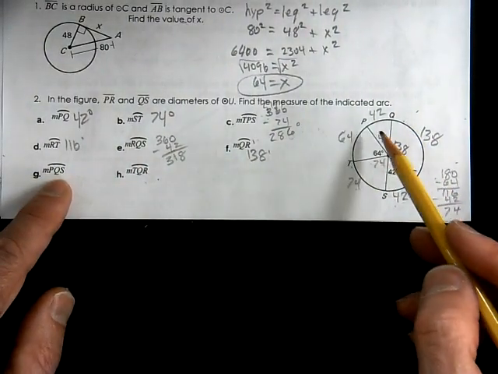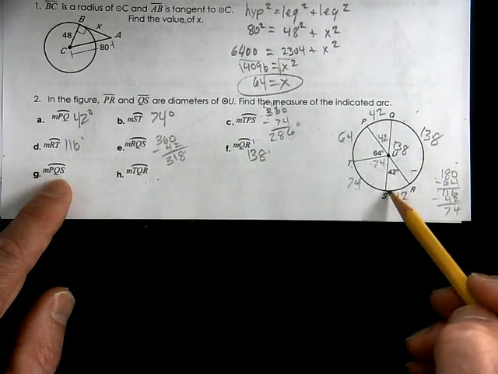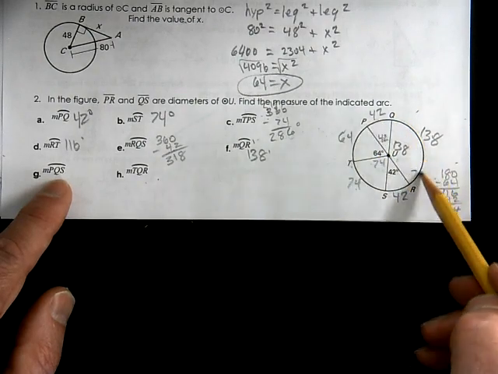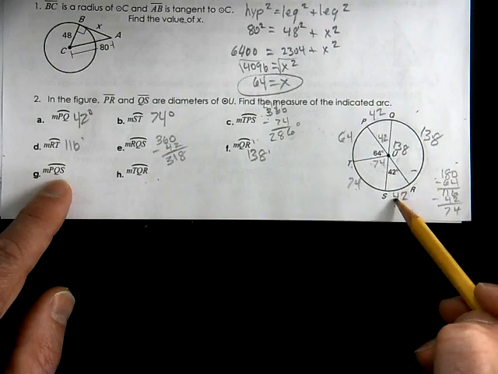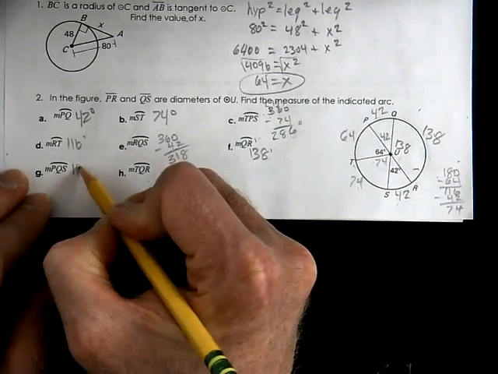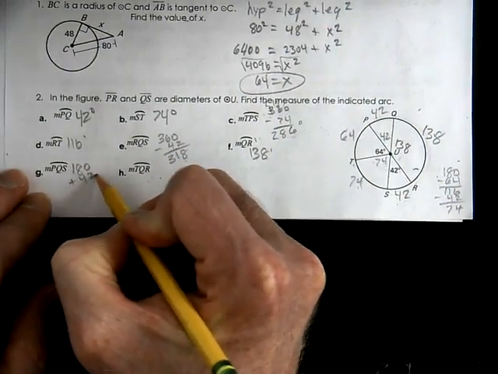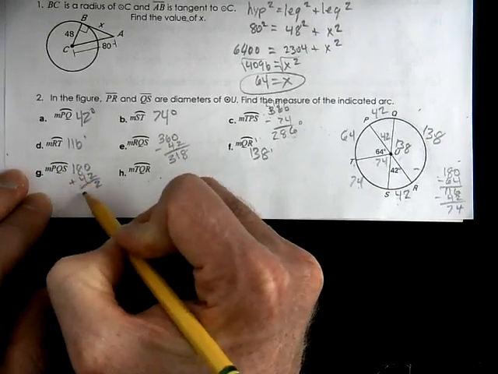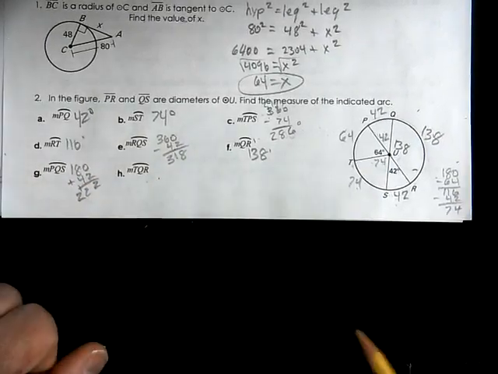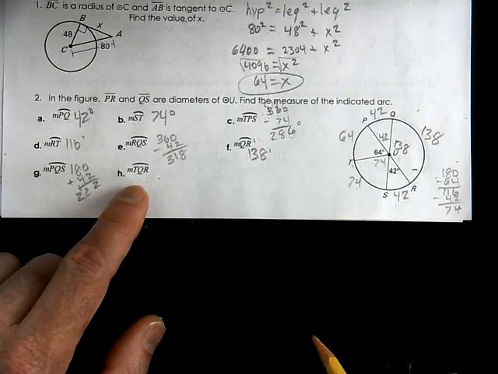PQS implies 180 or more. So that's 180 plus the 42. So that looks like 222.